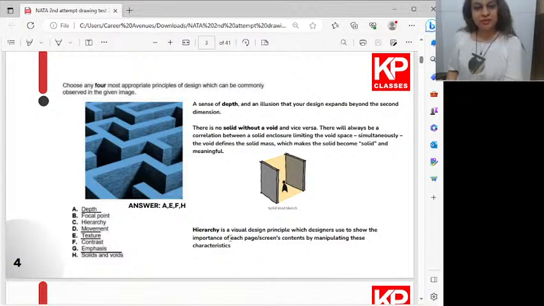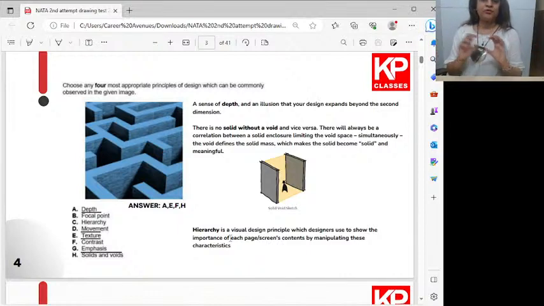So hierarchy simply means that something that is very important will have a bigger size, or it might have a different color. Something which is least important will be given the least space or will be the smallest in size. So that is what hierarchy means in terms of visual design.